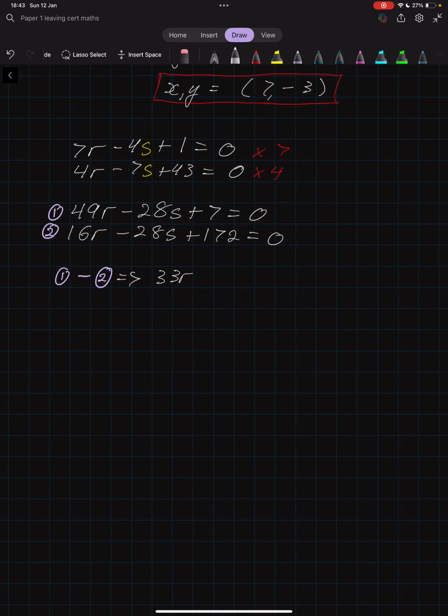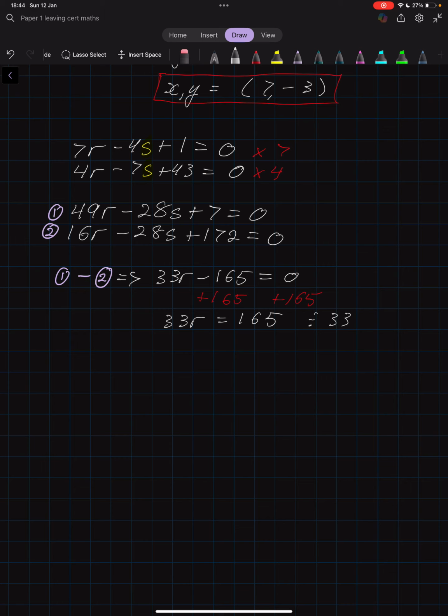Okay? So I'm going to add 165 to both sides, because again I'm trying to isolate r. So I get 33r equals 165. Just trust me, divide this by 33, look in your calculator, r equals 5.